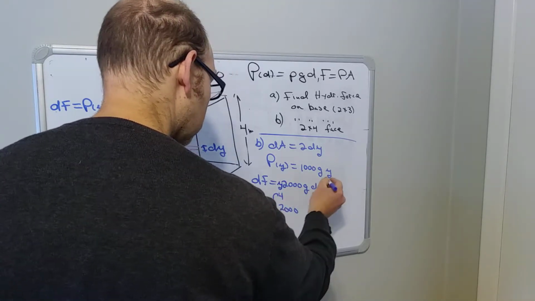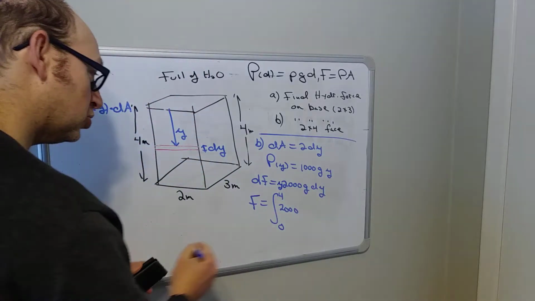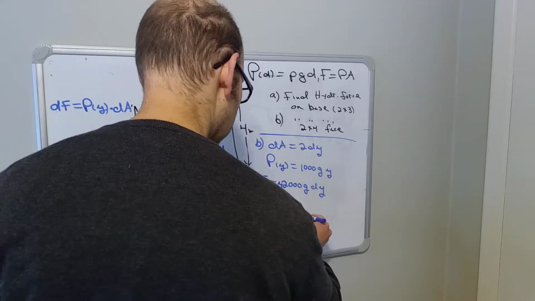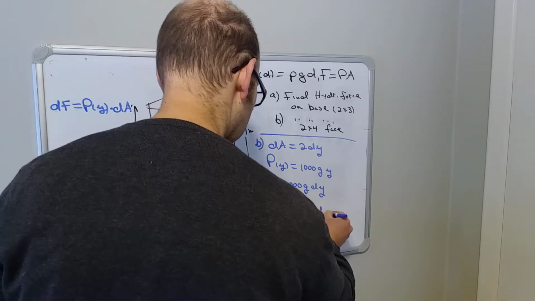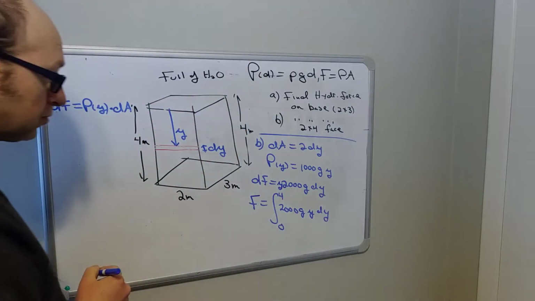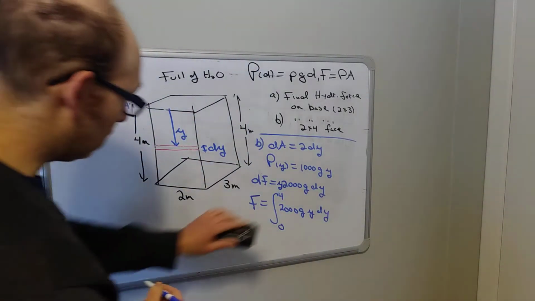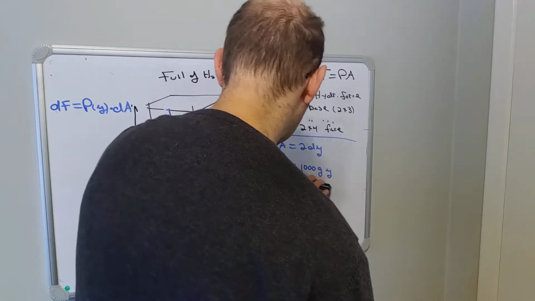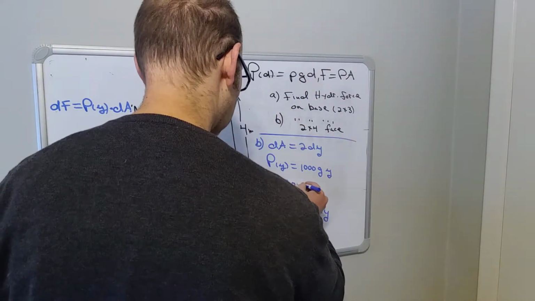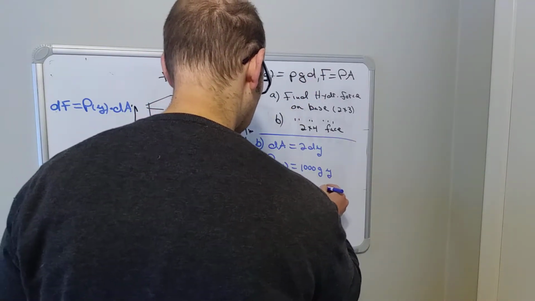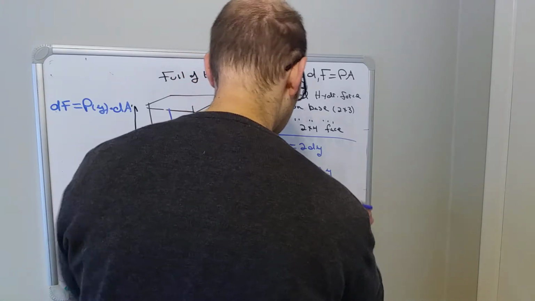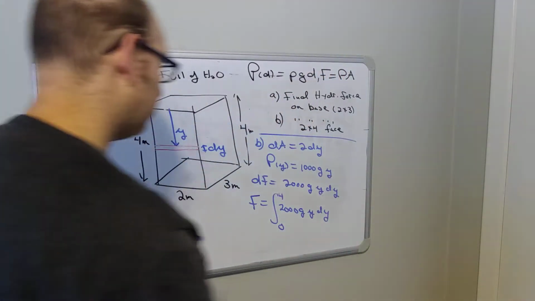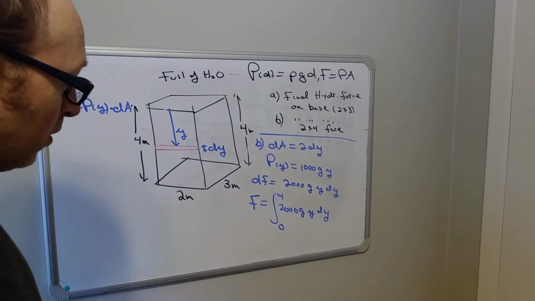So don't forget that y. So 2000 g y dy. Alright, so that's dF as a function of y.